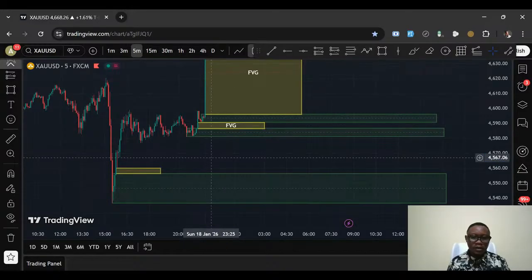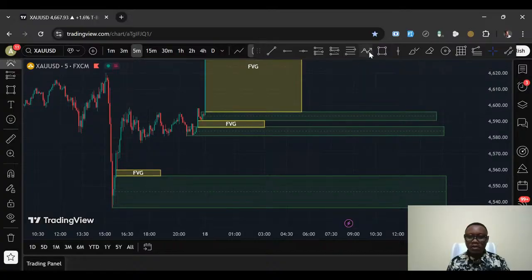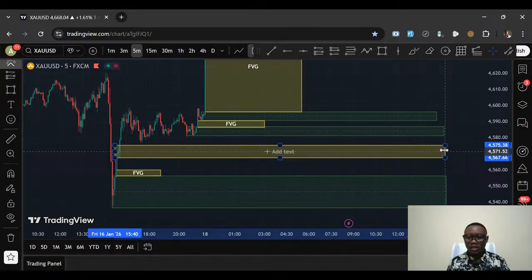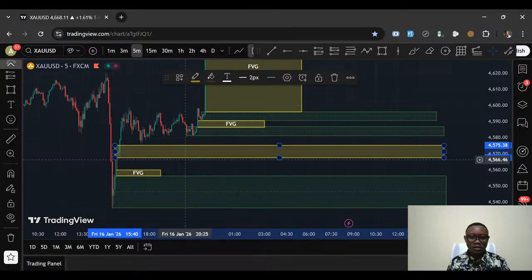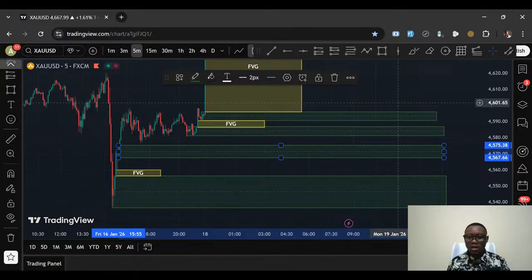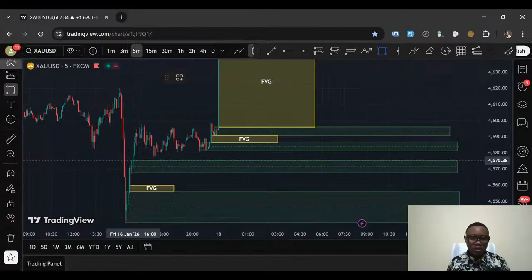Okay, and we have another order block here on the 5 minutes time frame, which is this. Okay, this zone and the non-order block, and the FVG is this.